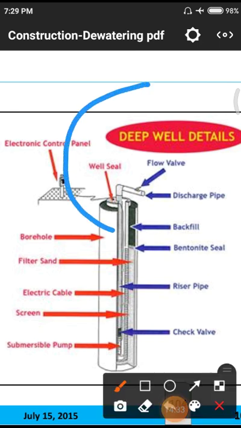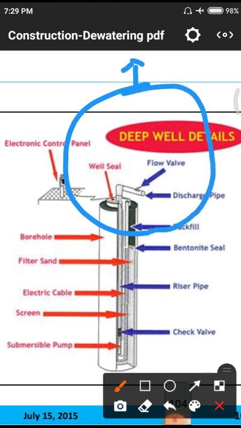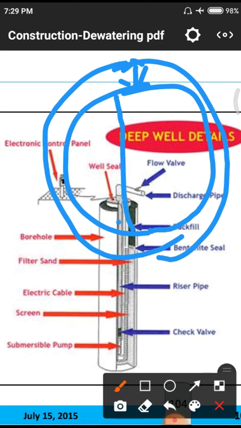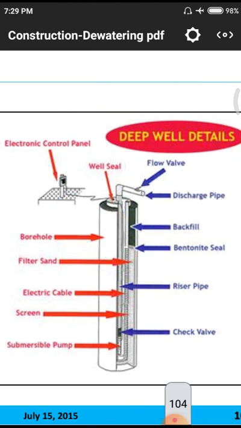Normally this is the borehole we need to maintain, so we need to use some extra length. Why? Because we need to maintain this extra length. After filling this casing, this is the diameter of the particular pipe. Okay, between this pipe diameter and the normal borehole there will be some space. That space we need to fill with the backfill.